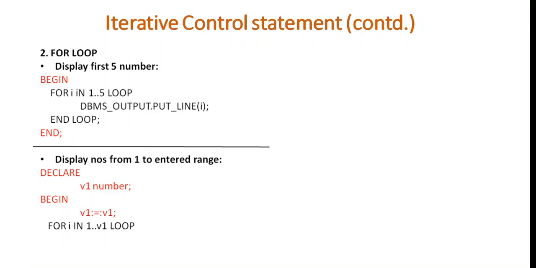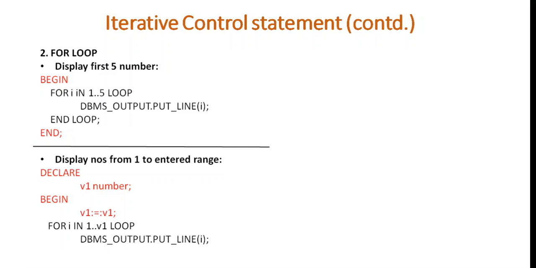Okay, so here in the first program we had given a fixed upper bound, that is 5, but in the current loop we are running the I variable from 1 to the user entered value. It is called a dynamic range. Okay, and then in the loop we are printing the value of I.